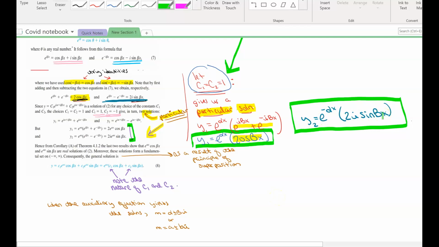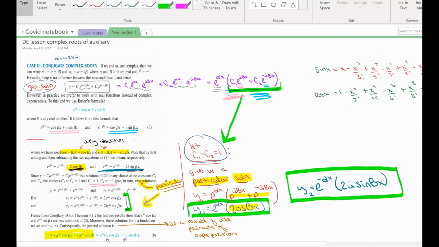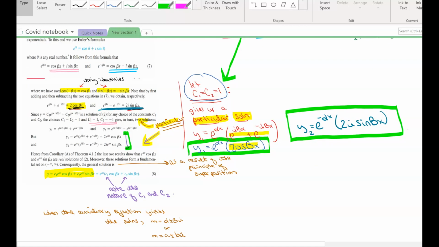And that gives us my general solution right here. So what we just did was we went from a general solution to a particular solution back to a general solution.